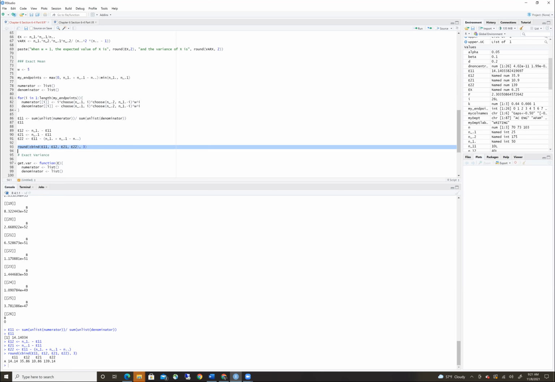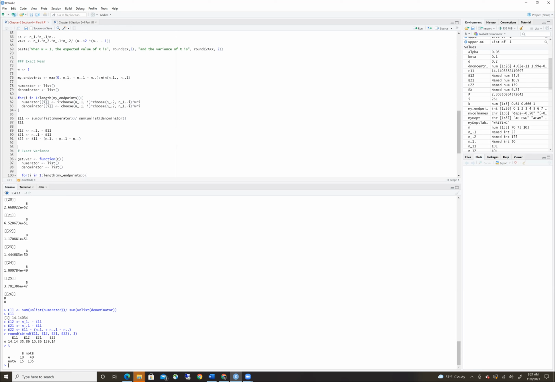So we can compare those values to what we observed if we wanted to, right? So we expected 14.14, we saw a value of 10. We expected a value of 35.86, we saw a value of 40. We expected a value of 10.86, we saw a value of 15. We expected a value of 139.14, and we observed a value of 135.